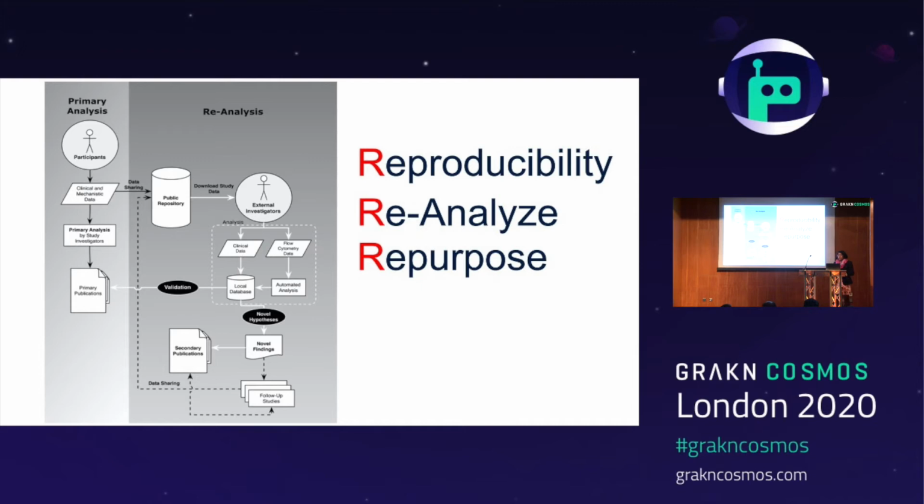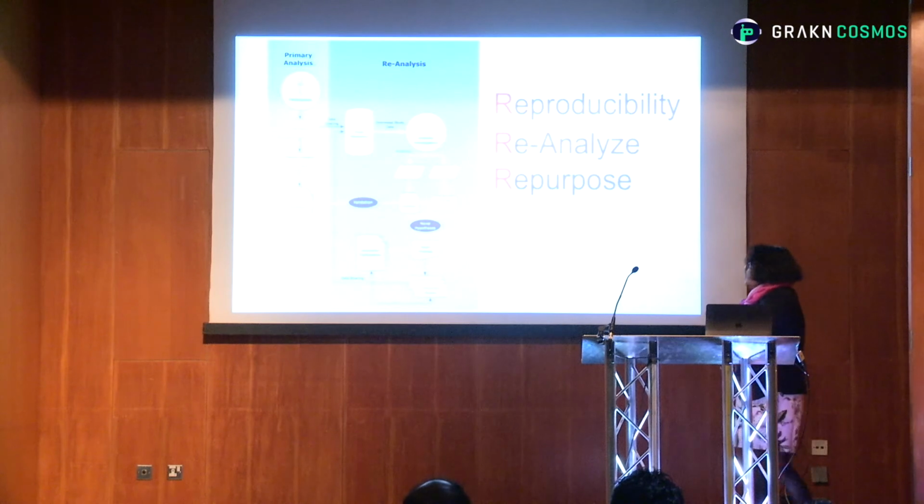So what is the purpose? Where I come in here is that I am a bioinformatician by training, a data scientist, and we do the reanalysis of clinical trials. Here is a cartoon showing that there are primary investigators.